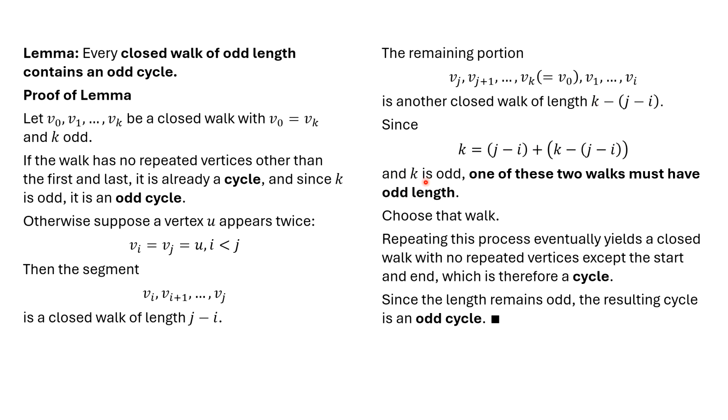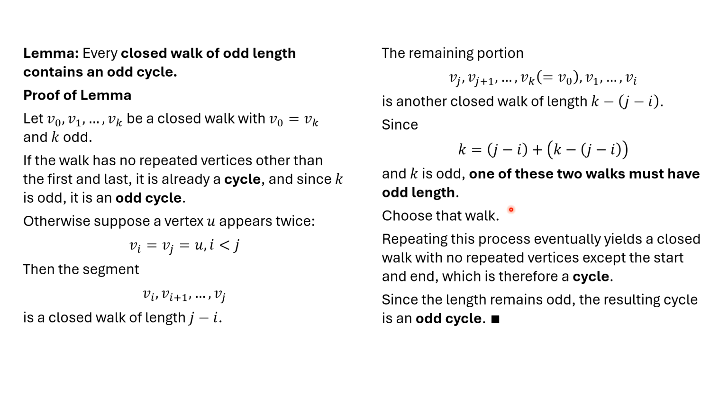And then we have that k equals this plus this. And k is odd. So we're adding two integers together here. And when you add two even numbers, you get an even. And if you add two odd numbers, you get an even again. So that means one of these has to be odd. And so we choose that walk, and that would be a smaller closed walk of odd length.